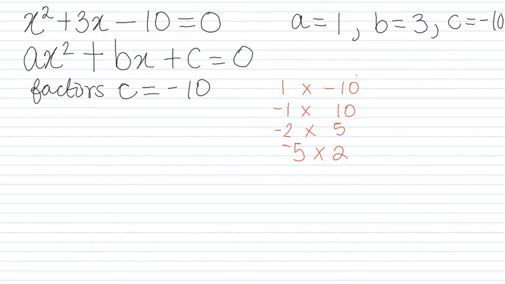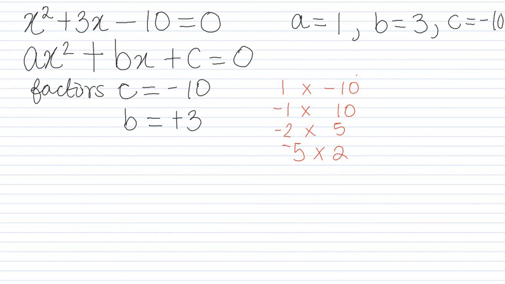But we want to make sure that whatever factor of -10 we're working with, when you add them up, they have to equal the value of +3. So what we're looking for is two numbers that, when we multiply them together, we get -10, and when we add them up, we get +3. That is how you work with factorization.